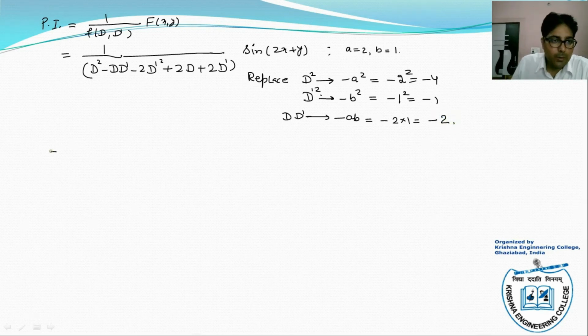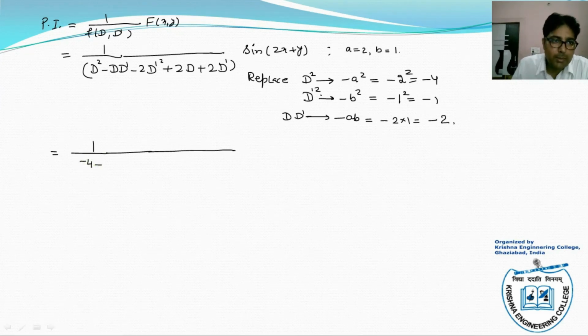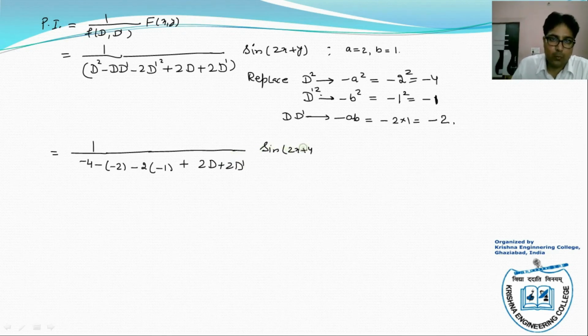Now replacing D squared by minus 4, DD' by minus 2, and D' squared by minus 1. Minus 1 plus 2D plus D' as it is, into sin of 2x plus y.